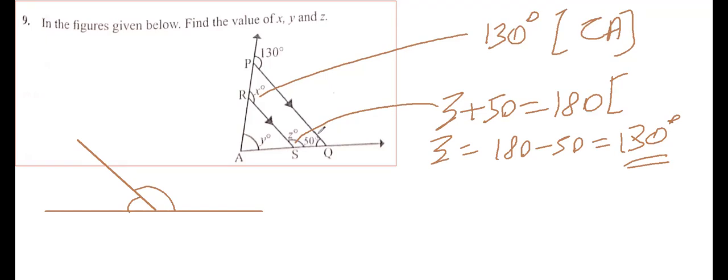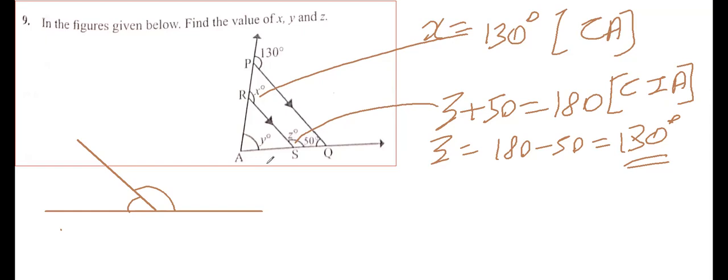That is the reason you have to give. Or you can even remember it by the name co-interior angles: co-interior angles sum to 180 degrees. Based on that, you will get the value of z as 130 and the value of x as 130.